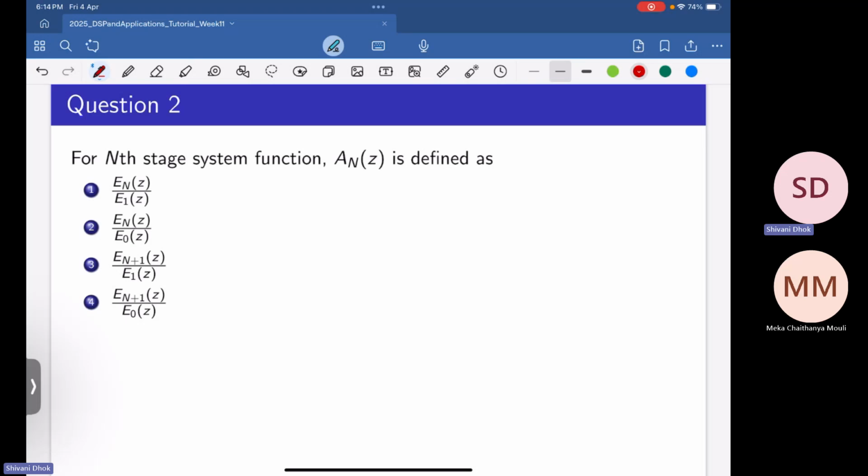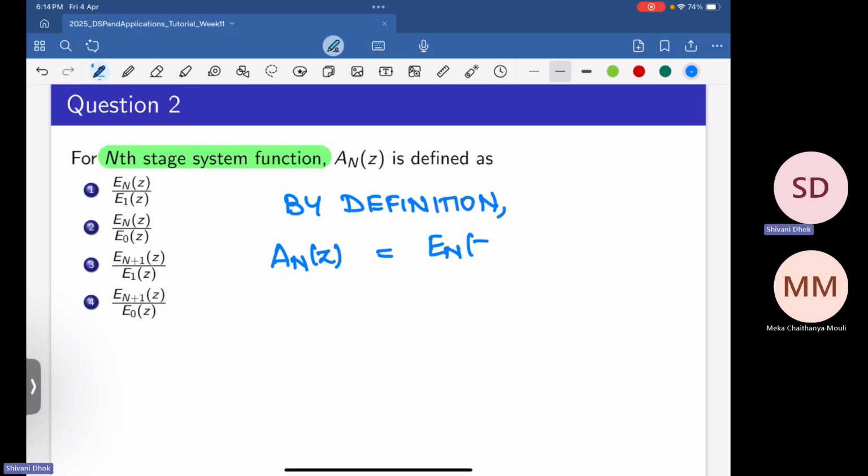Question 2 says that for the nth stage system function, A_n is defined as, so this we have seen in the lecture. By definition, A_n(z) is E_n(z) divided by E_0(z). So if we look at the options that we have, the correct answer is this one.